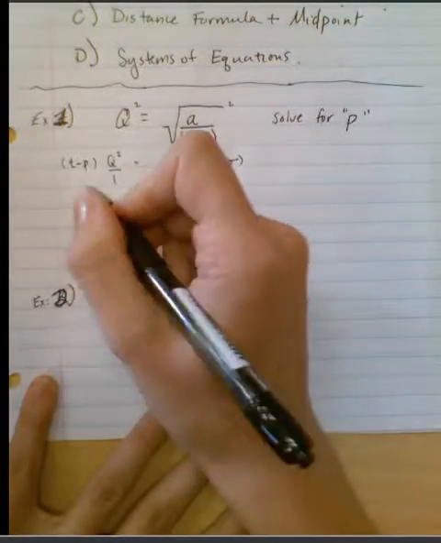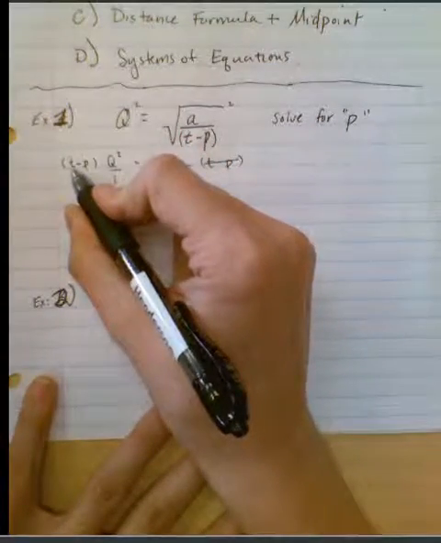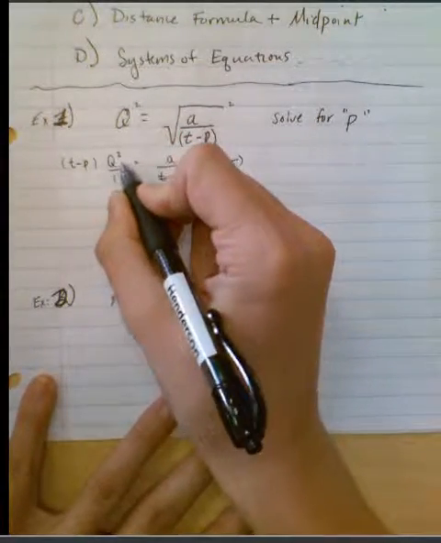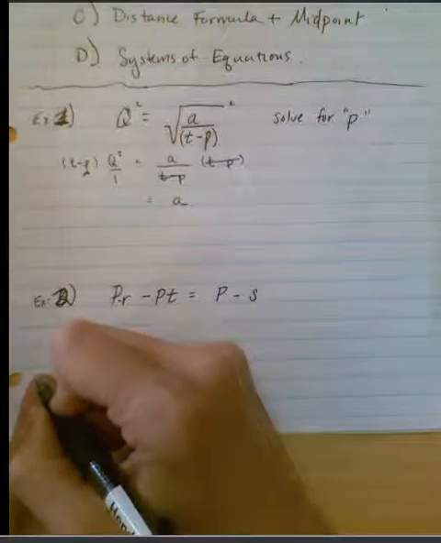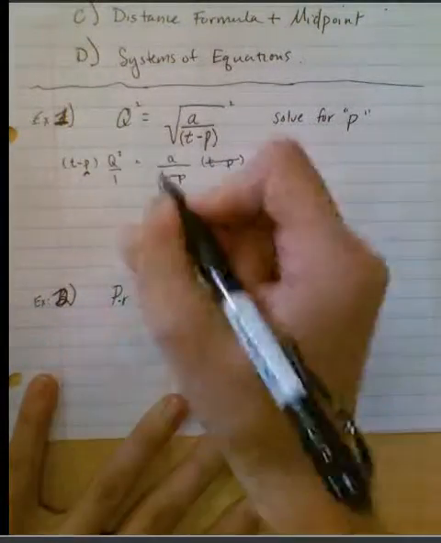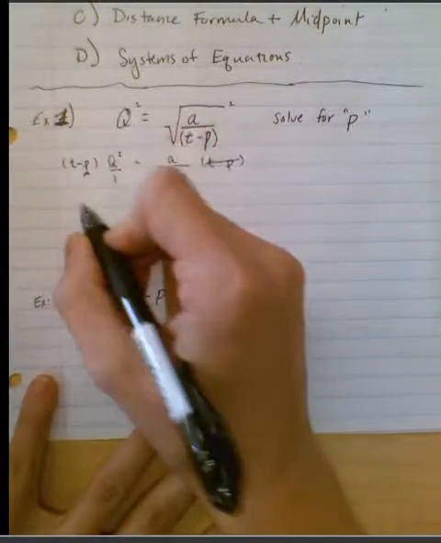So I'm going to leave this a on this side and then t minus p quantity times q squared. Well, I've got to get to this p here. So I'm not going to be able to get to this p until I distribute through this q squared.